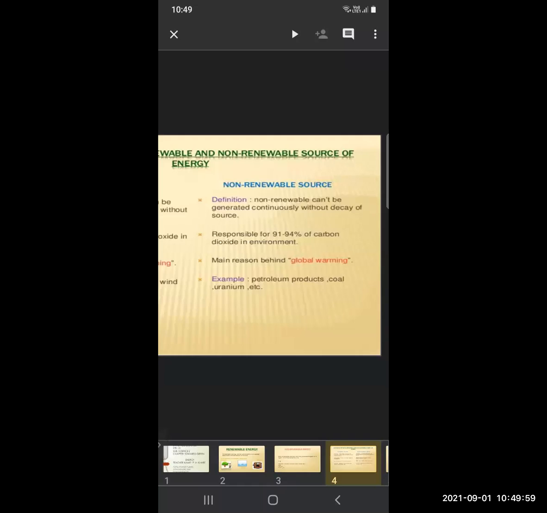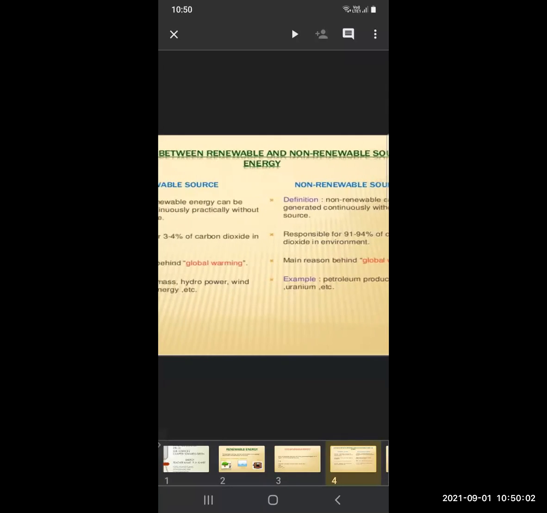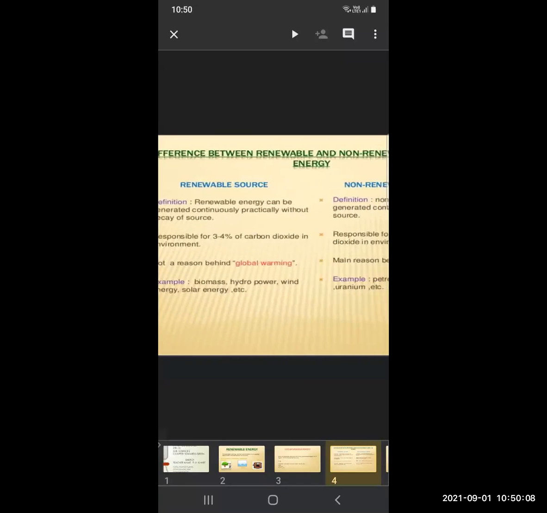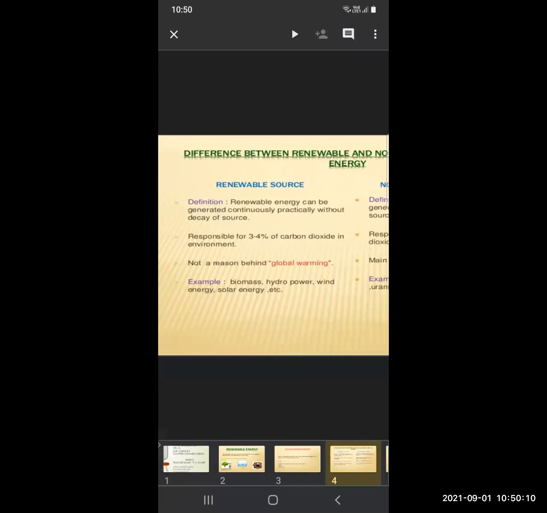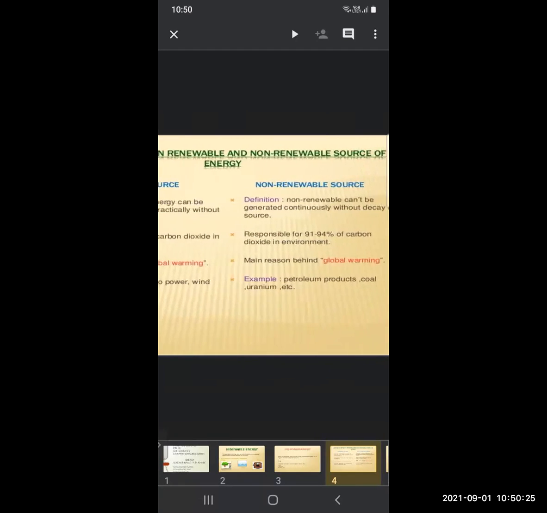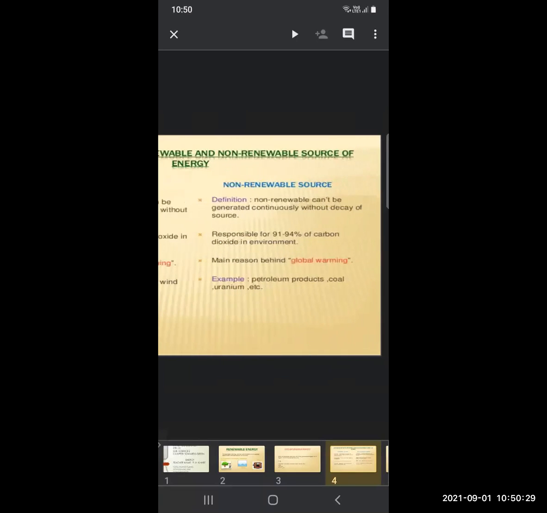If it comes in the exam, you can write down these 4 points for 2 marks. Very easy. You just have to give the definition, then responsible for 3 to 4% carbon in the environment, not a reason behind global warming. And in the non-renewable source, the main reason behind global warming, and you can give the examples.